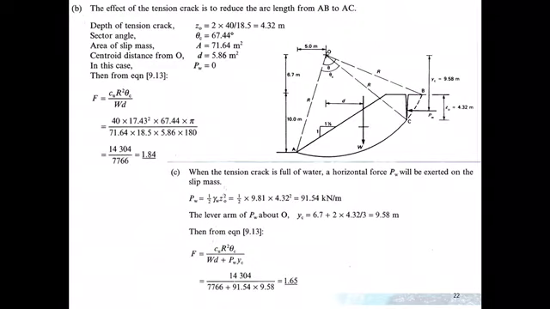D is in meters, not meters squared; typo error here. W is still the same. But you have to add PW times YC for this question. So finally you get factor of safety F equal to 1.65.